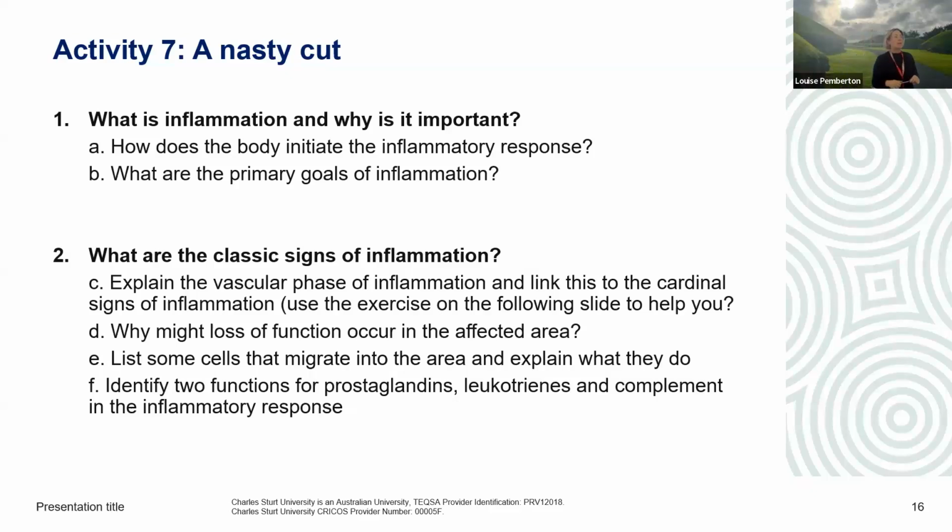Inflammation, obviously, can be ongoing. If somebody has autoimmune conditions, that inflammatory response sort of flares up every now and then. But let's just say that's not the case. Let's say you've got a splinter, there's a bacteria on the splinter, like Sarah here, and she's got an infection in the finger, let's say. So why would inflammation be important?